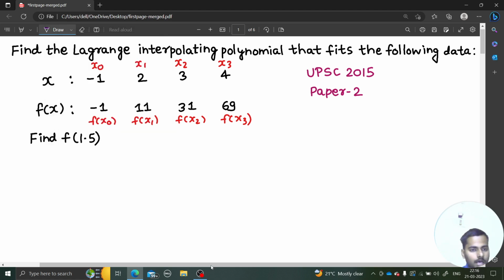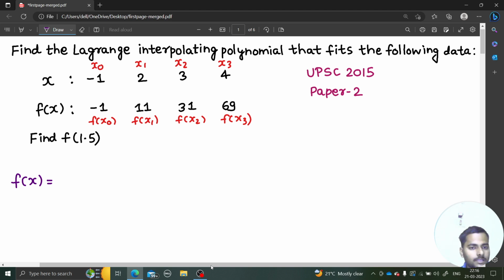So how do we find the polynomial using Lagrange's method? We write f of x equals to. So what we do? For the first term in the numerator, we forget x0.